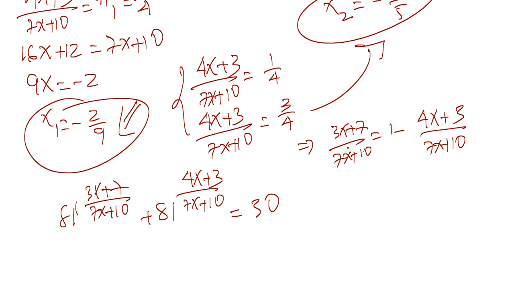So if I substitute the first value here, if this is 1/4, this one will be 3/4, because if we replace 1/4 here, we have 1 minus 1/4, which is 3/4.